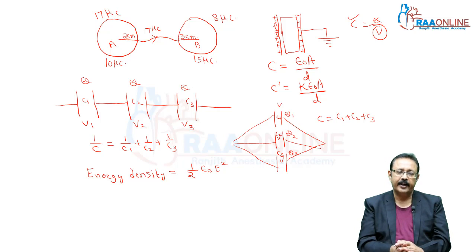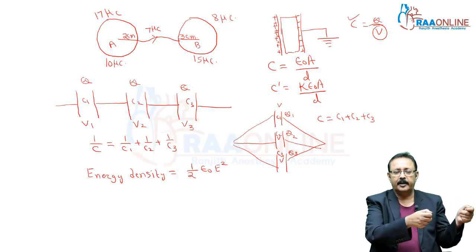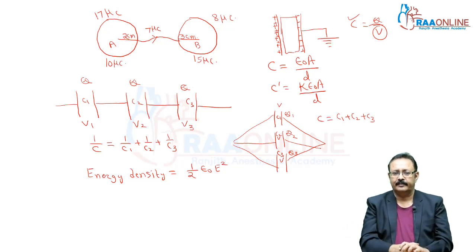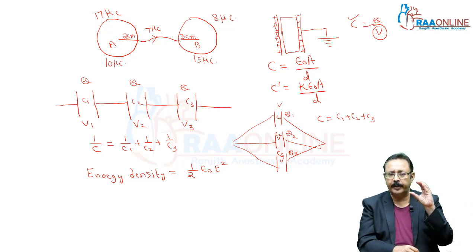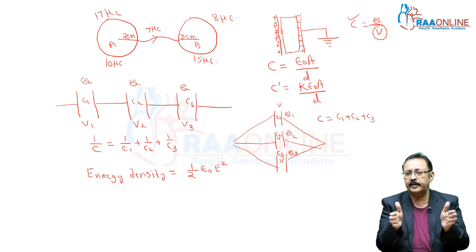It means if you remove the bucket from the tap, the water content is constant. In the same way, if you remove the battery, you make the charge constant, but you are increasing the distance between the plates.